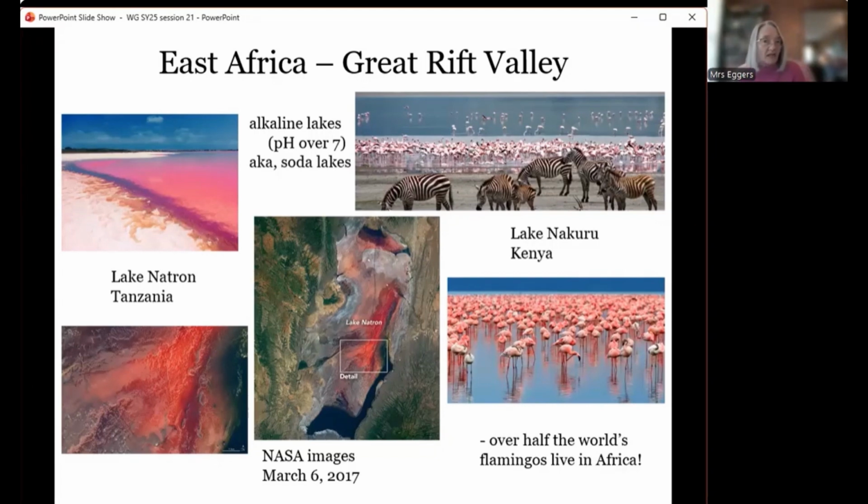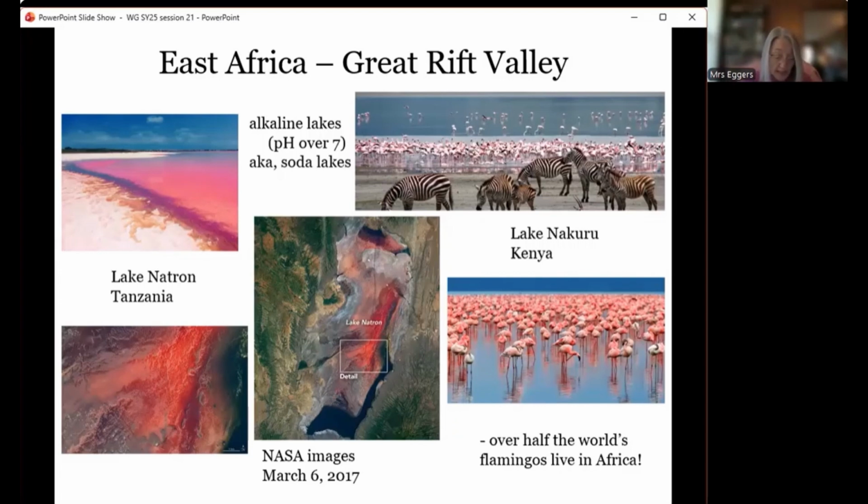And then because of the heat, microorganisms that can survive in this environment, they're called haloarchaea, they turn the water red. And I wrote in my notes, and you see it on the slide, these NASA images were taken in March at the beginning of the rainy season.